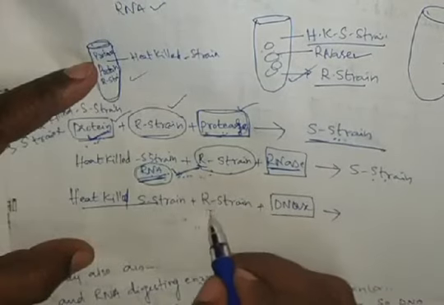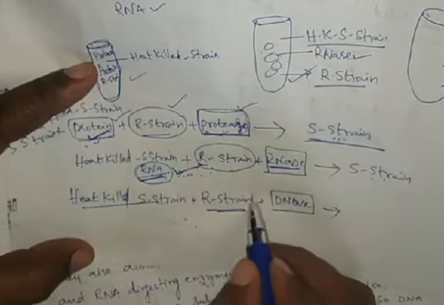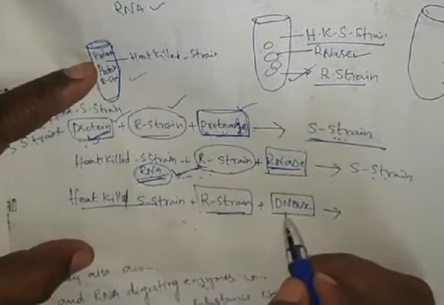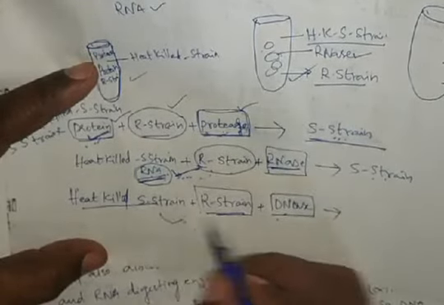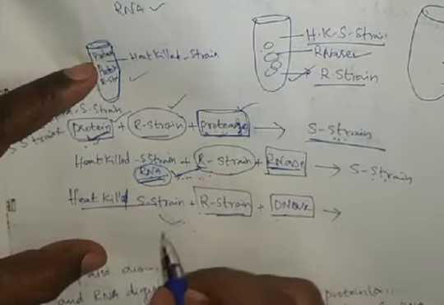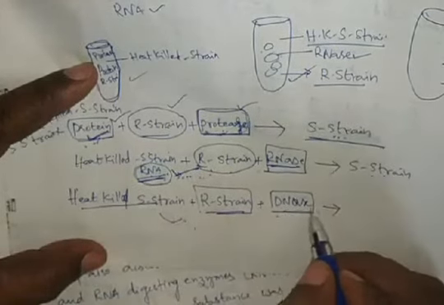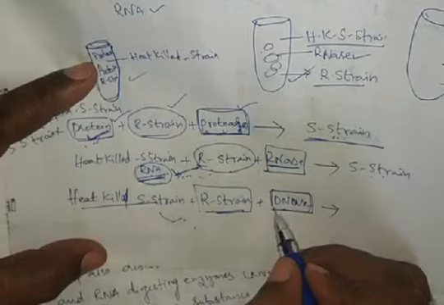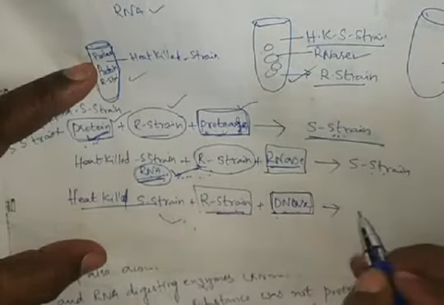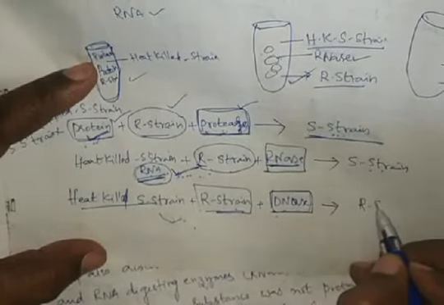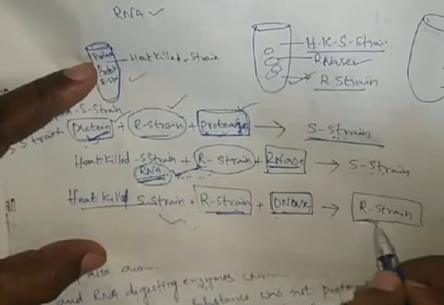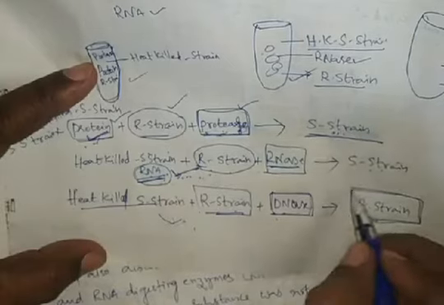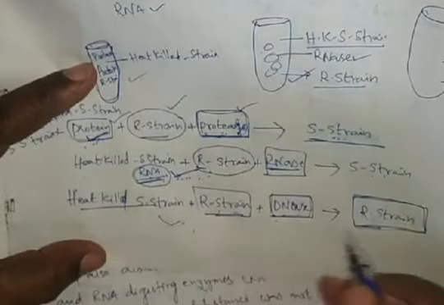Then what happens in the R strain now? Because of the absence of the DNA, digested by the DNase enzyme, the R strain is not converted into S strain. It remains as R strain only.